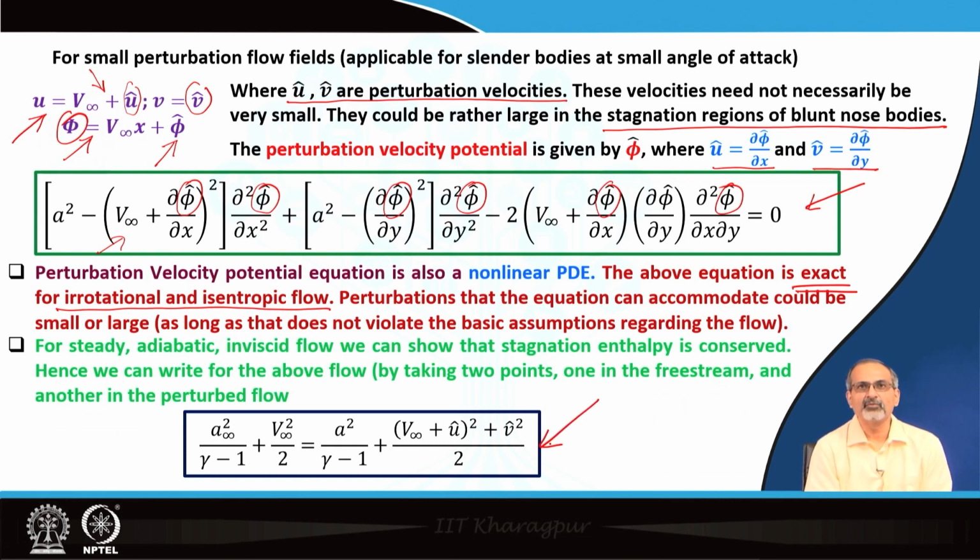We would like to bring in one more equation here in this context. For steady adiabatic inviscid flow, we can show that the stagnation enthalpy H naught is conserved. Hence, we can write for the above flow, by taking 2 points, one in the free stream and another in the perturbed part of the flow, the balancing of H naught.